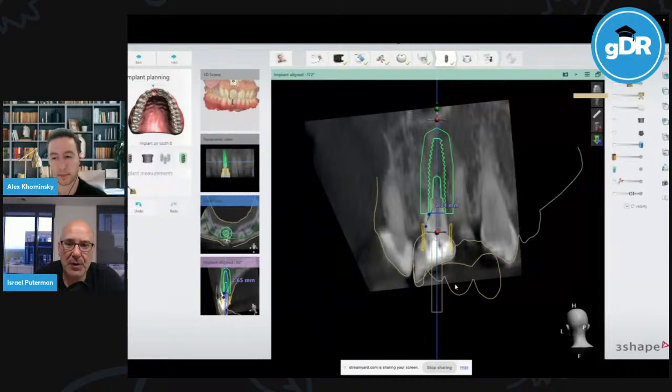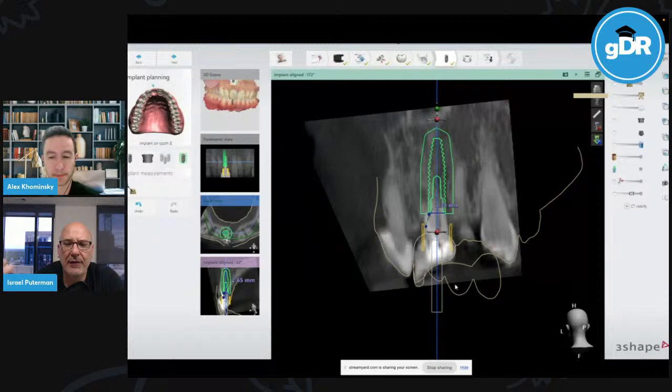Now, what I do is oftentimes I'll make a customized healing abutment if I want to preserve the gingival contour. I want to allow for the gingiva to heal appropriately in an anatomical fashion, but yet I don't want to take the risk of having an immediate provisional.